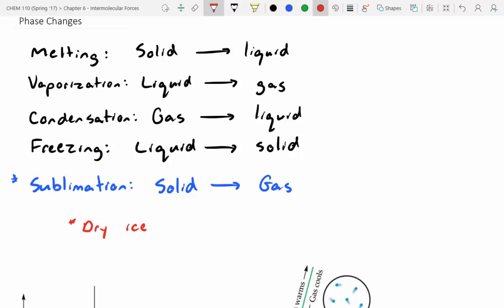So supercritical CO2 is one of the weird exceptions where you do have to pressurize it a lot, but it leads me to my next point. All of these phase changes depend on pressure.